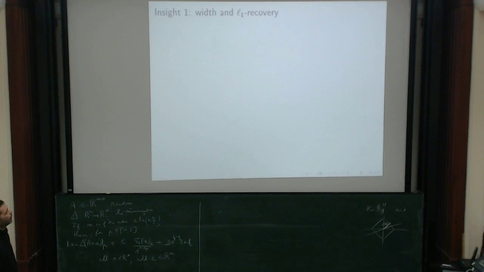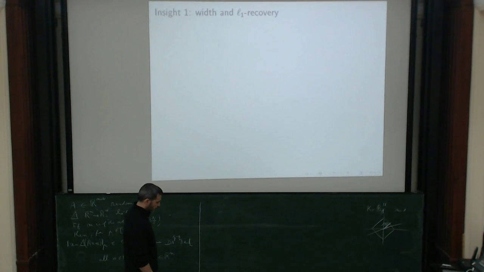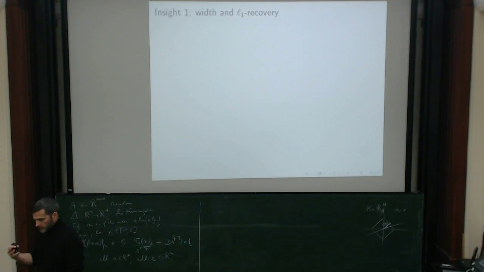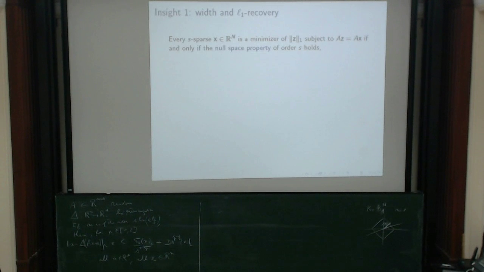Okay, so now those two insights. So the first one, why does small width imply recovery by L1 minimization for large S? All right, recall the null space property.